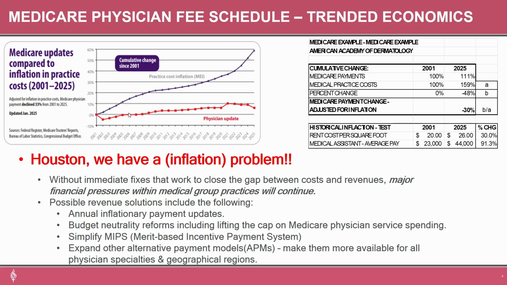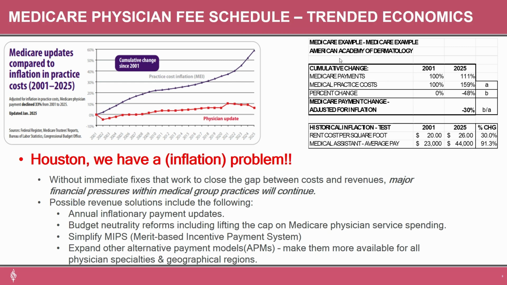Physician payments have trended much narrower, and you can see overall that through the year 2025, the cumulative change in the physician payment is under 10%, somewhere around 7 or 8%. When we adjust the physician payment for inflation and practice costs, Medicare physician payments declined 33% from the year 2001 to 2025.